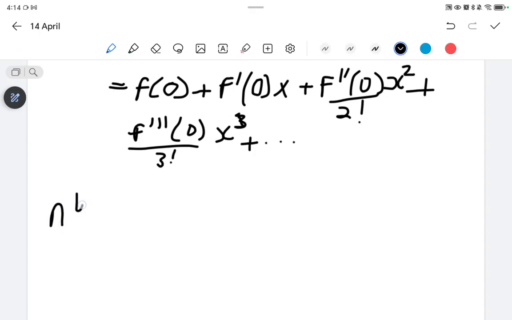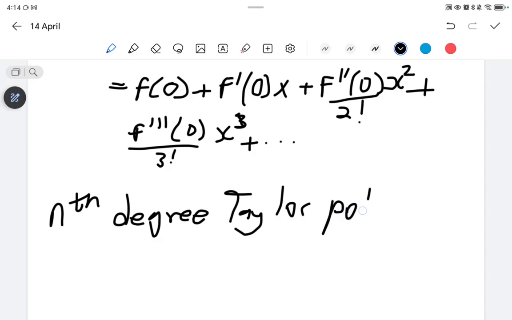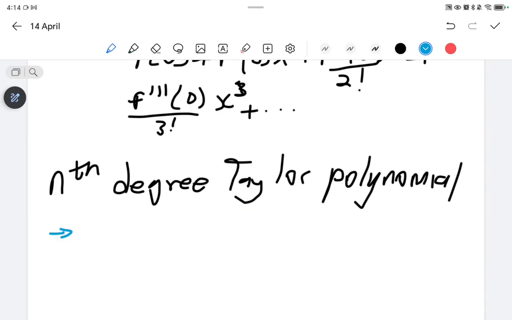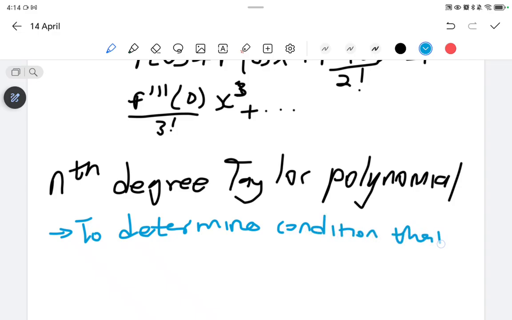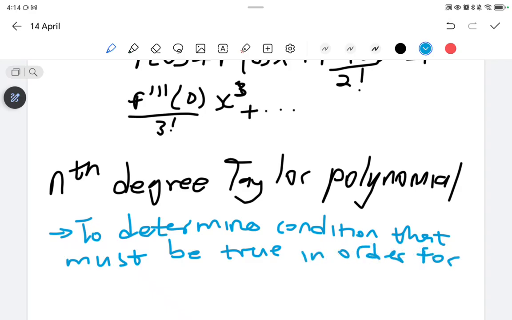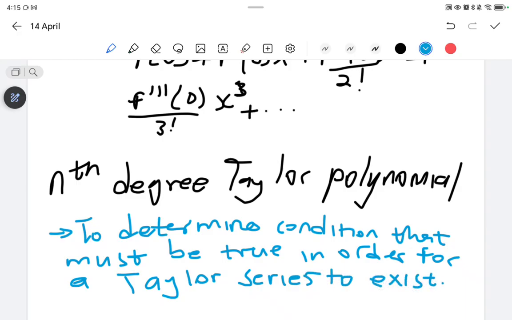If we have the nth degree Taylor polynomial, let me write here: this is to determine a condition that should be true in order for a Taylor series to exist for a function.